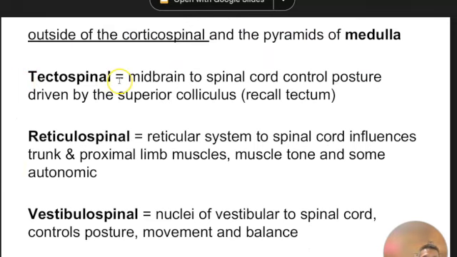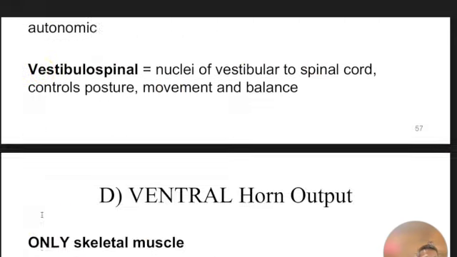Tectospinal, midbrain to spinal cord, controls posture. Reticulospinal, reticular system to spinal cord, influences the trunk and limb muscle tone. Vestibulospinal, nuclei of the vestibular to the spinal cord, controls posture. You don't have to know this.